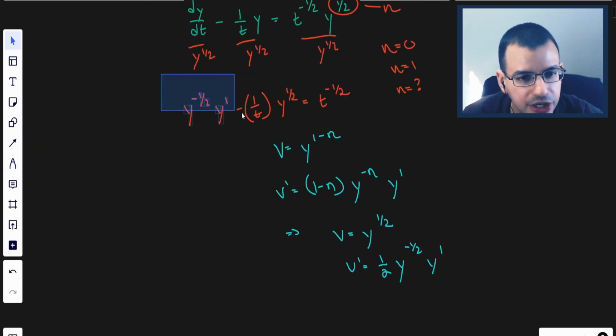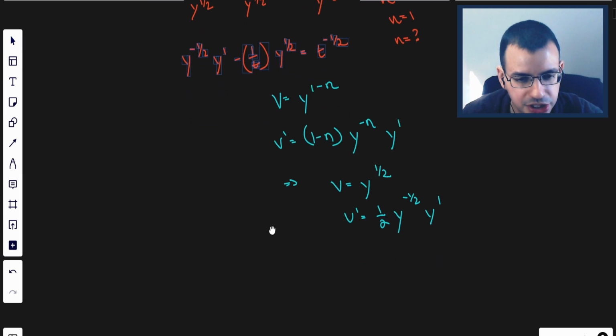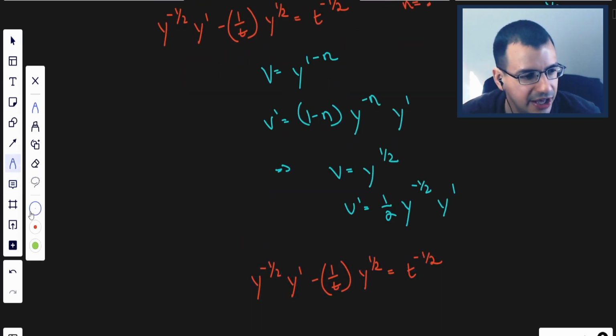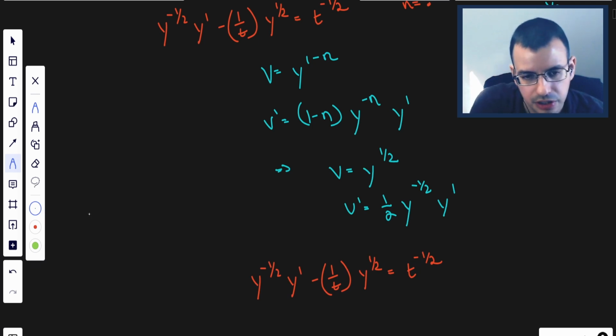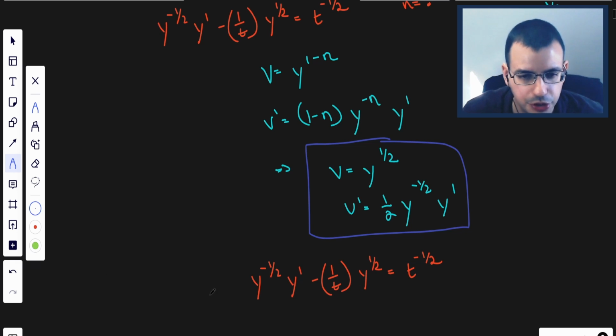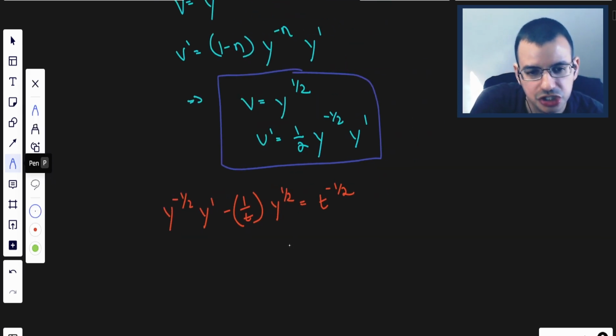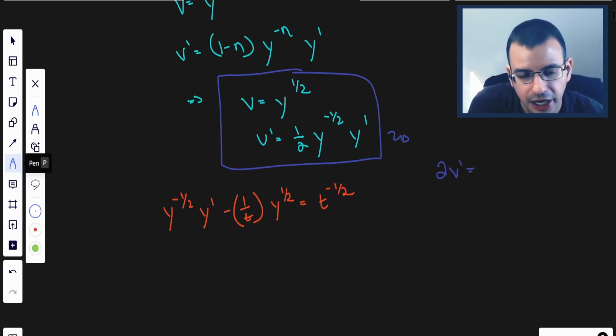So now is where some of the substitution and the magic happens. So we have this right here, which is the whole idea of Bernoulli's. And I'm going to rearrange this just slightly so that we have 2v prime equals y to the negative 1/2 y prime.